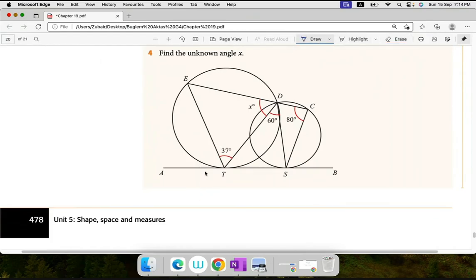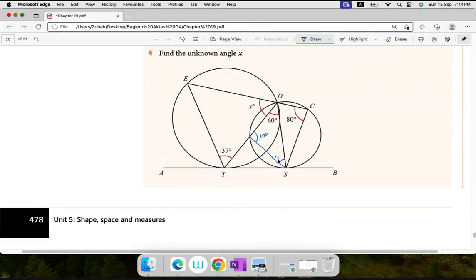Okay. Find the angle x. If I just draw this straight line, now these two are angles in opposite segments. I can write 100 here. And then this is 60 and 100, 160, 70, 80.